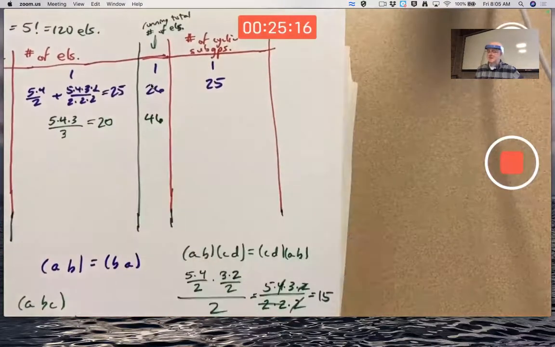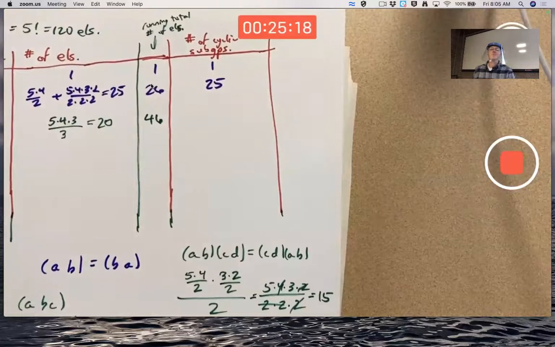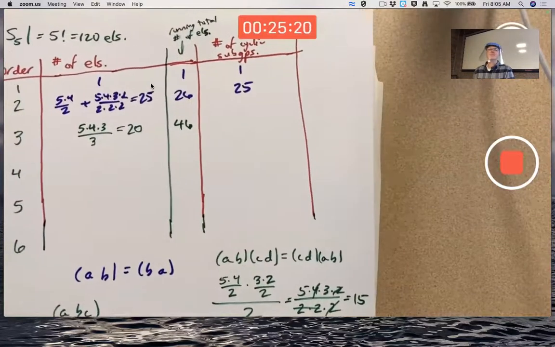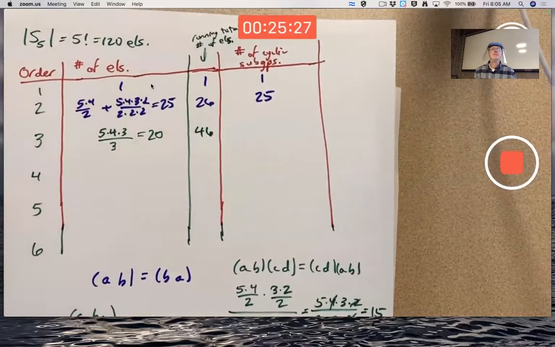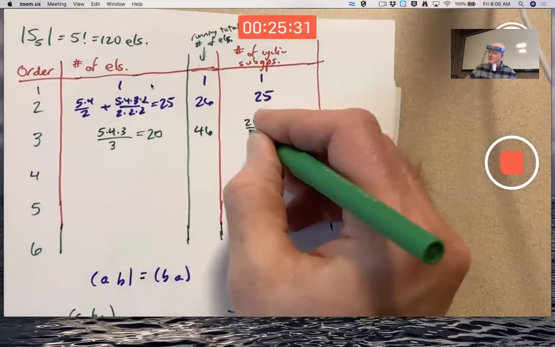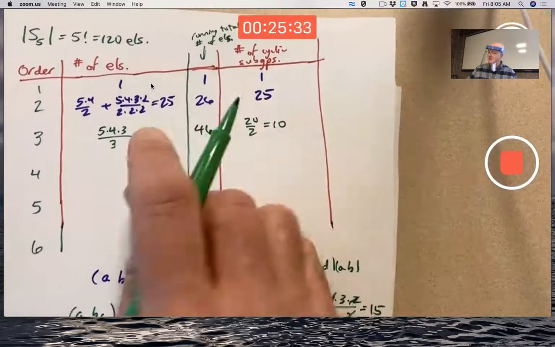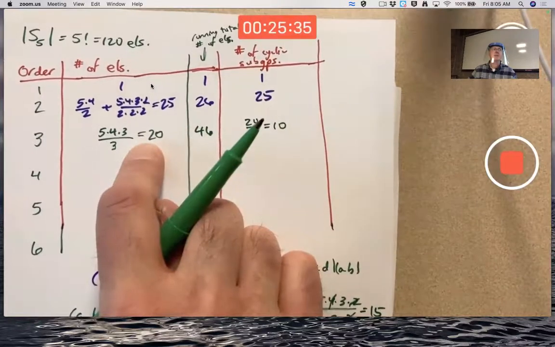And how many cyclic subgroups of order 3? A little trickier than the one for 2. There's 10, yeah. 20 divided by 2. 10, because each cyclic subgroup of order 3 is going to have 2 non-identity elements.